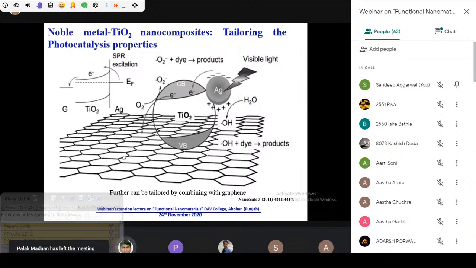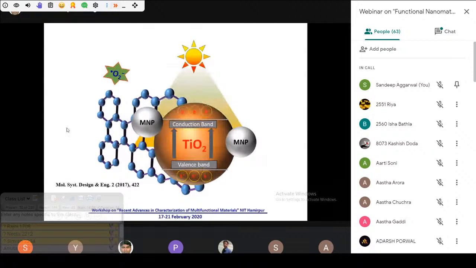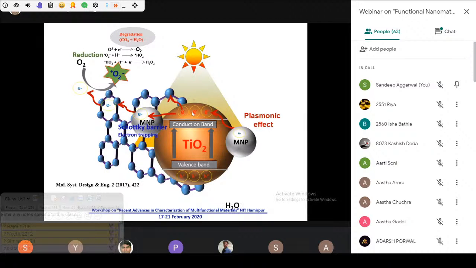That means by combining two or more materials, we can enhance the properties. For example, you can see here, we have TiO2, and even with UV light we can excite it. Because of the Schottky effect or plasmonic effect, we'll have more and more electrons, and these electrons will be transported by graphene.